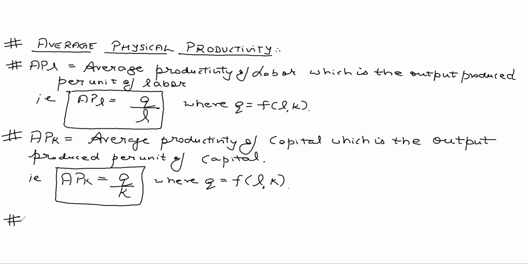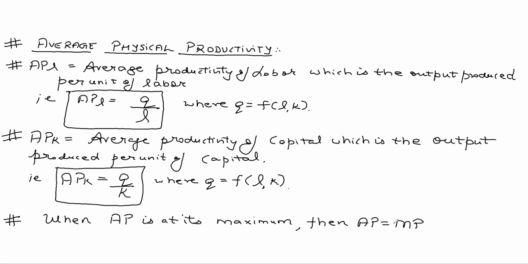So recall the relation which we have done, that when average productivity is at its maximum, then average productivity is equal to marginal productivity. We have done the diagram also for this. If students can recall, we have done this in high school also. This is the variable factor, which usually we take as labor.